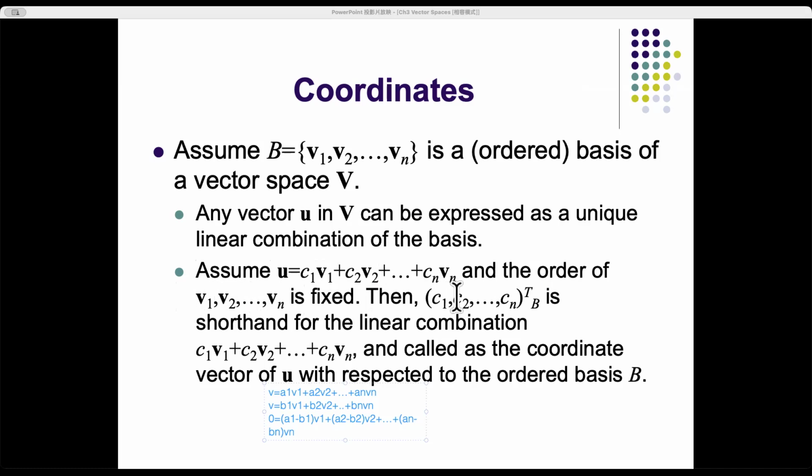Then (C1, C2, ..., Cn) transpose, with the subscript B, is shorthand for this linear combination, and is called the coordinate vector of u with respect to the ordered basis B. So this C1, C2, ..., Cn is with respect to a certain basis, obviously.